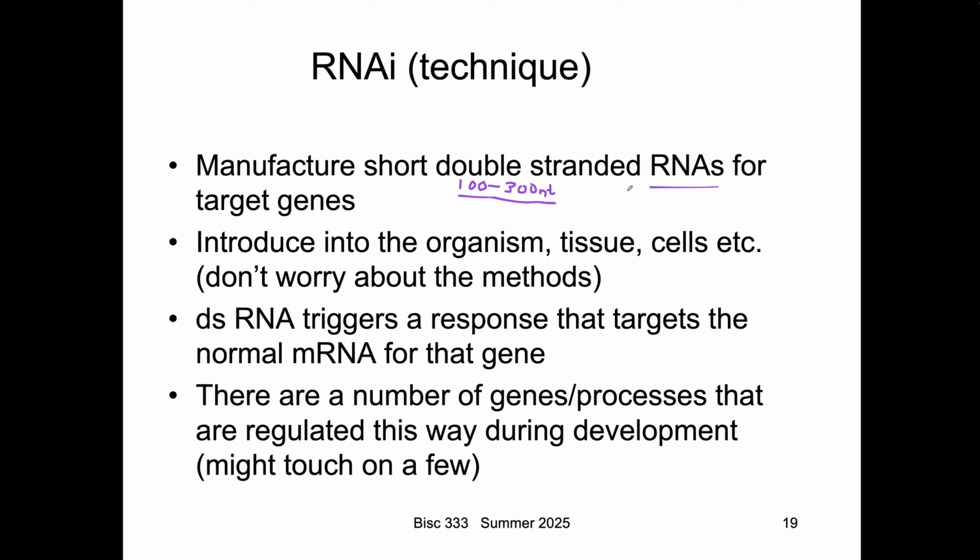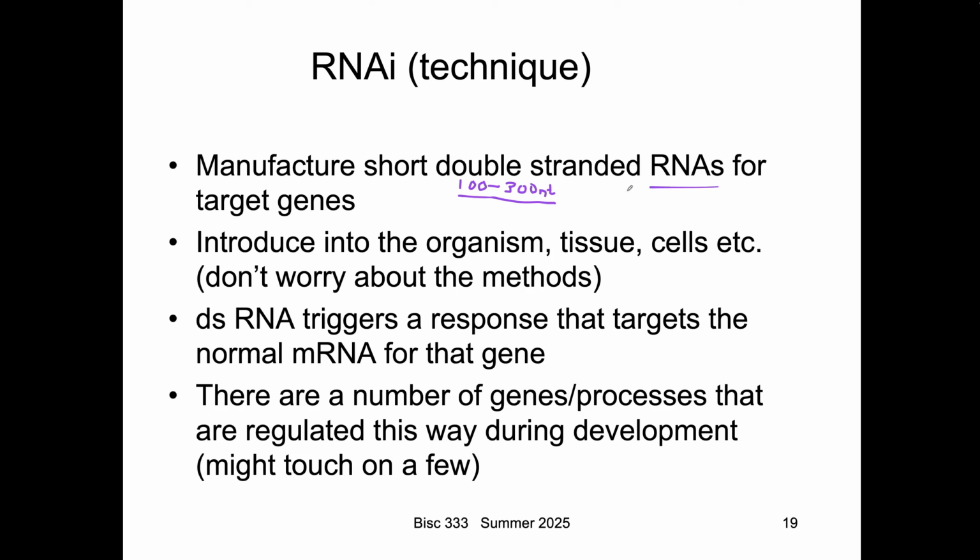This technique is based on a mechanism that cells, eukaryotes, appear to have as a protection against certain kinds of pathogens, mostly viruses, RNA viruses. Some of them, when they infect cells, have a double-stranded RNA stage.